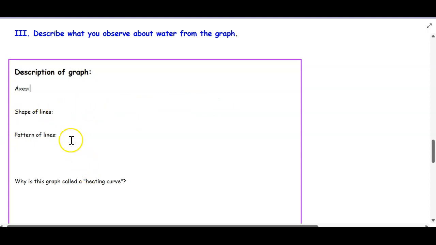All right, now the pattern of lines. I want you to draw the pattern of lines here that you saw. Go ahead and do that now. I left you lots of space to do that.